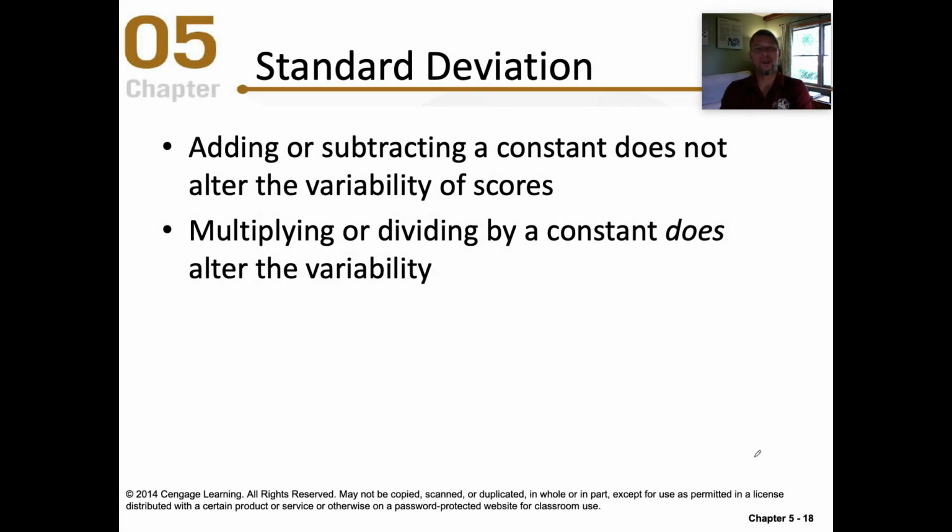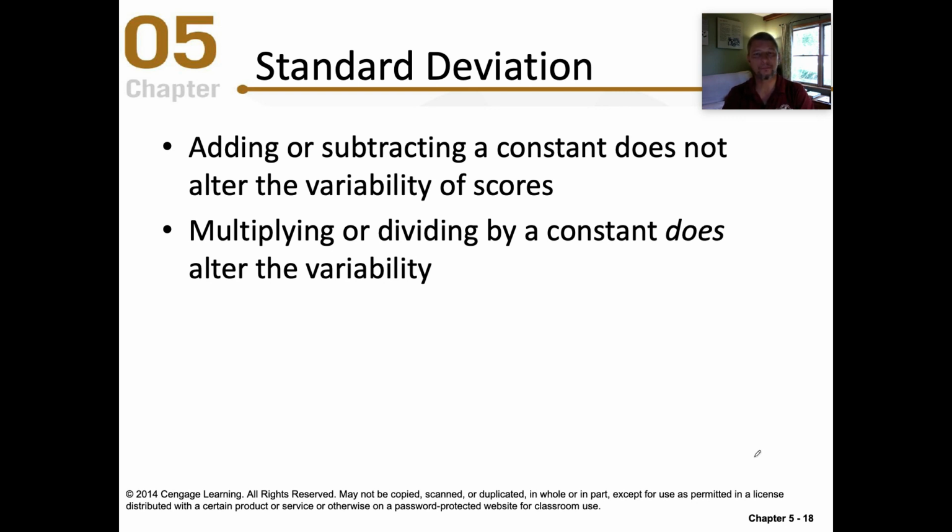Now, if you take your data set and you add or subtract a constant number, that does not change the variability. In other words, the entire curve simply moves up or down by whatever that constant value is.